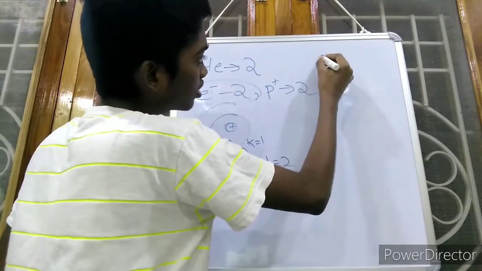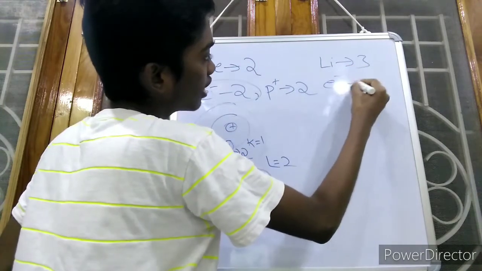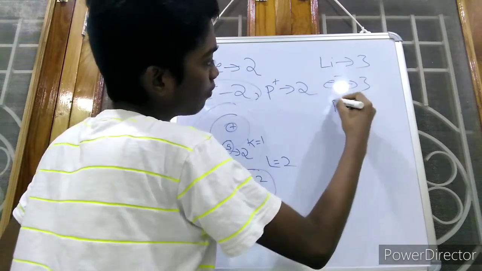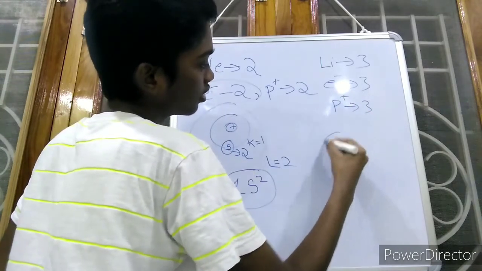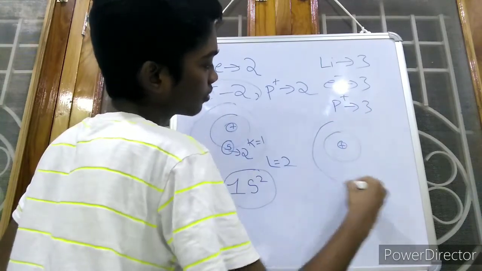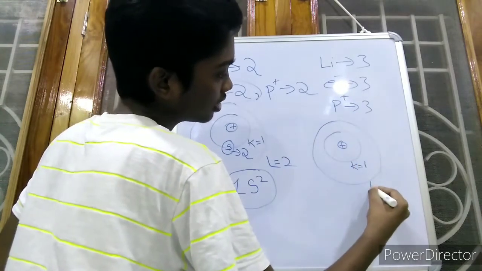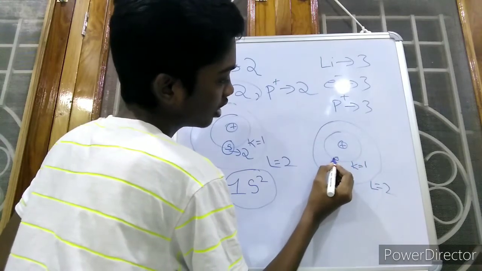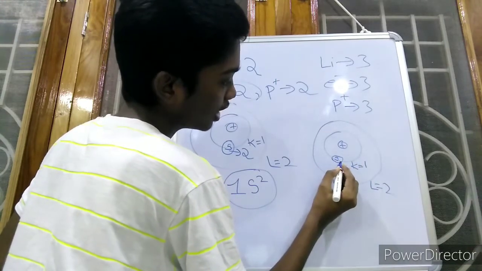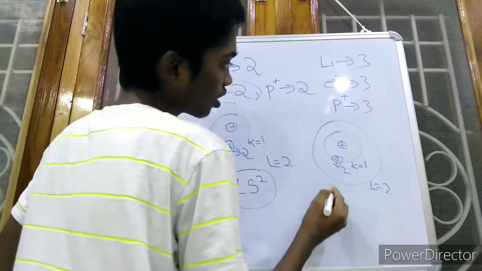Now coming to the next element, lithium. The atomic number of lithium is 3, so the number of electrons present is 3 and the number of protons is also 3. If we take this as the atom, this is the K shell, which is the first shell, and this is the L shell, which is the second shell. First we have to take subshell s. The capacity of subshell s for holding electrons is 2, so only 2 can fit.